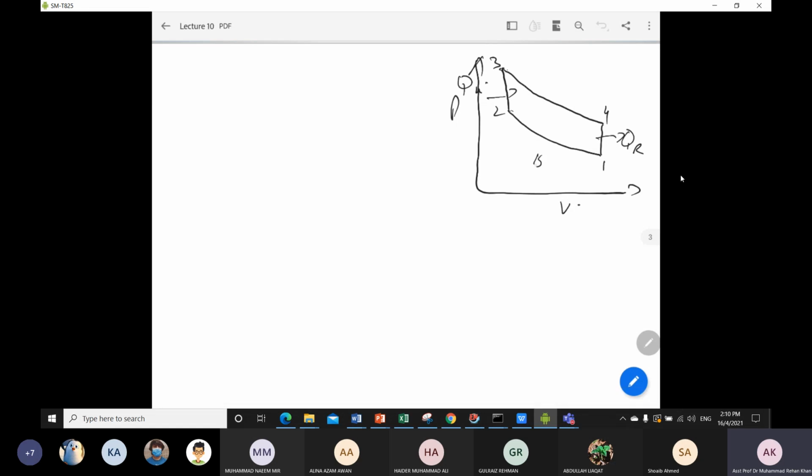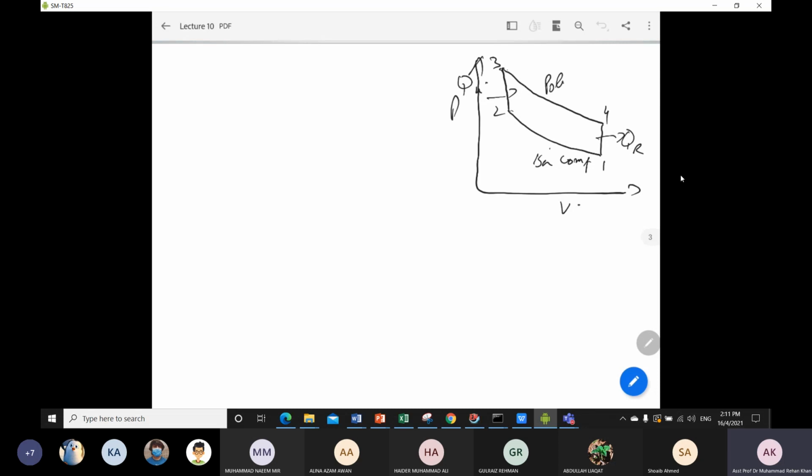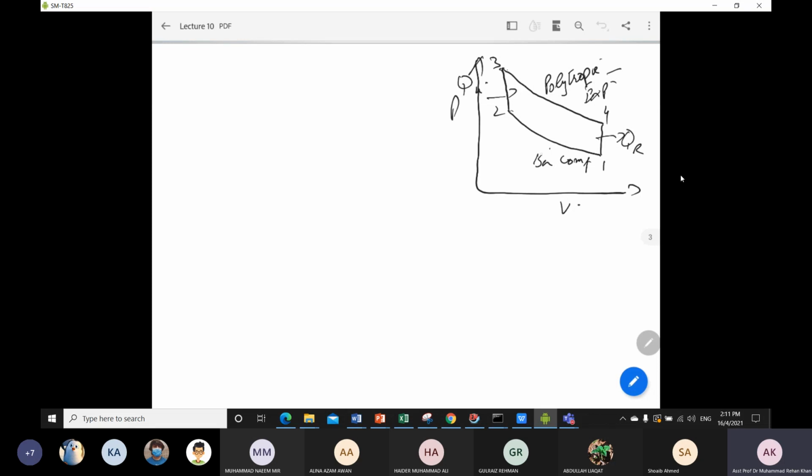Okay, so this is your isentropic compression process, which is already mentioned in your question. And previously 3 to 4 was your isentropic expansion, but in this question it is a polytropic expansion process. So whenever there is such a problem, you just have to write it down, and the line will be like this between 3 and 4, and you mention this is a polytropic expansion process.